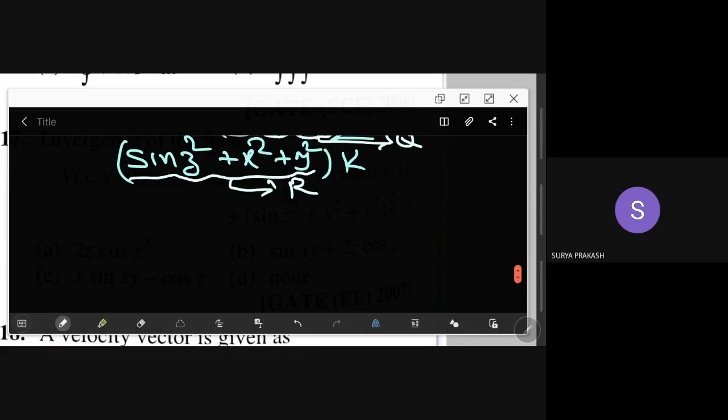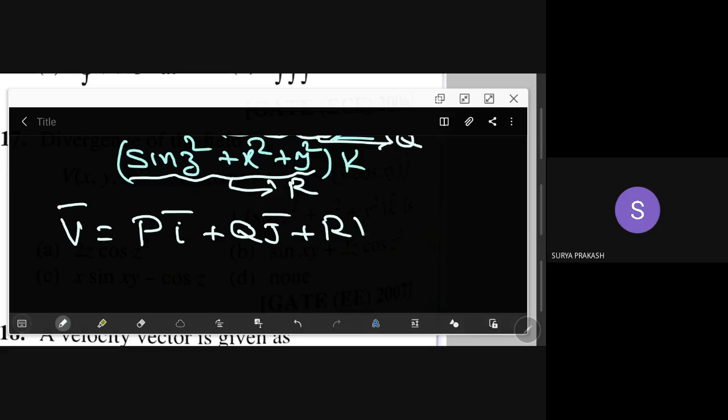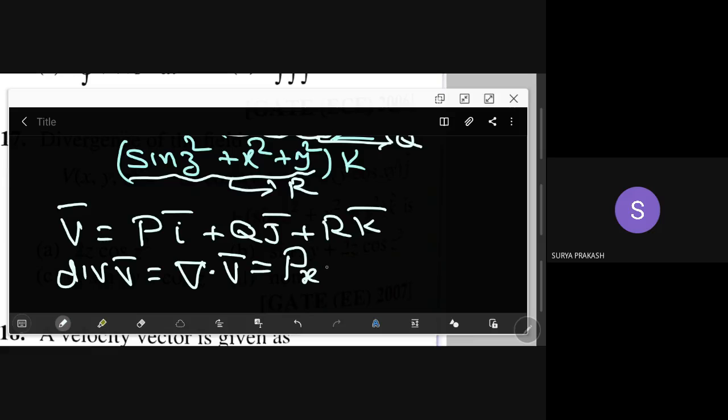We have V bar is equal to P i bar plus Q j bar plus R k bar. Then divergence of V bar, symbolically, can also be written as del dot V bar. The formula is dou P by dou x, in short P subscript x, plus, dot product is a scalar, Qy, dou Q by dou y, plus dou R by dou z. That's all.